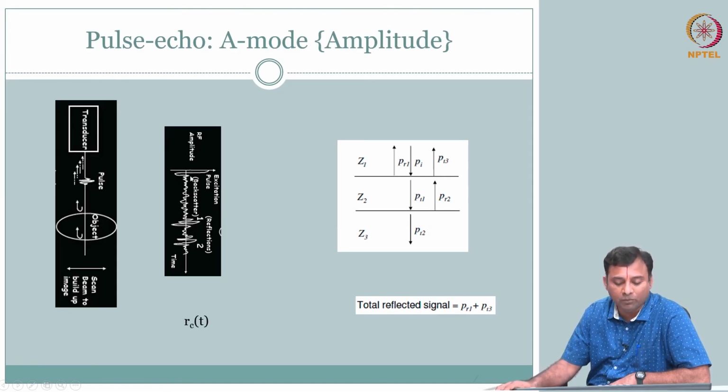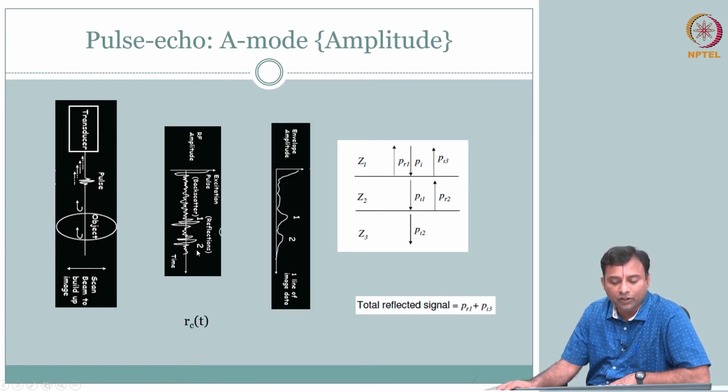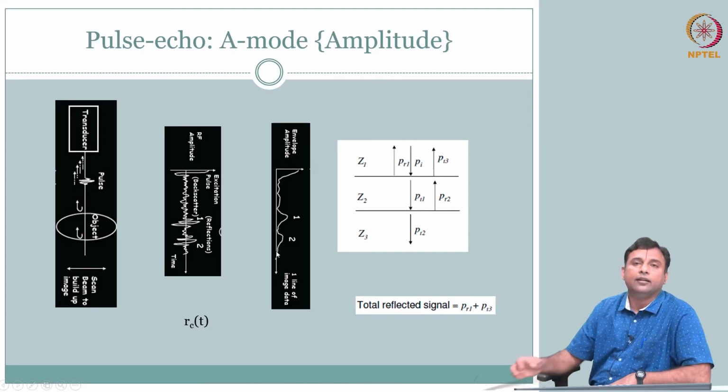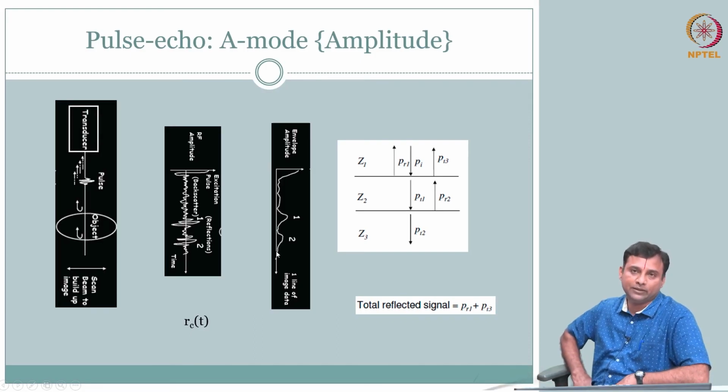Of course, this is your complex RF signal that you receive. We talked about the envelope. So you take the envelope of the signal: I have the first echo from here, second echo from here. I can actually see this amplitude trace and tell where all there is a change in impedance. This is very powerful.